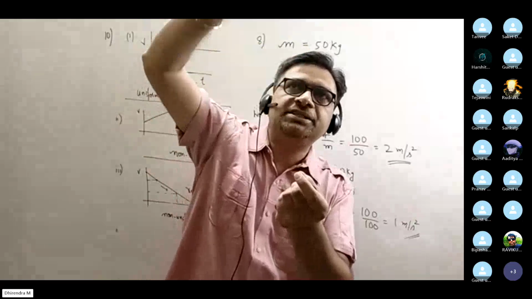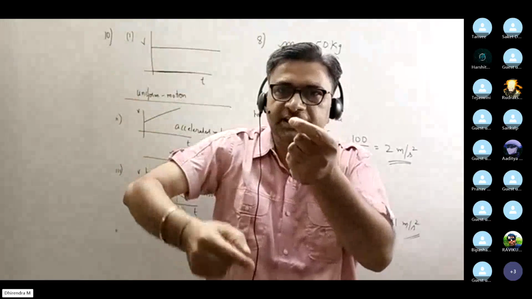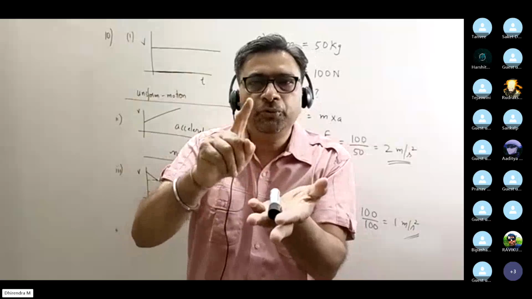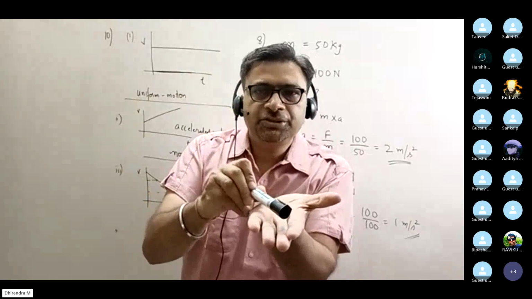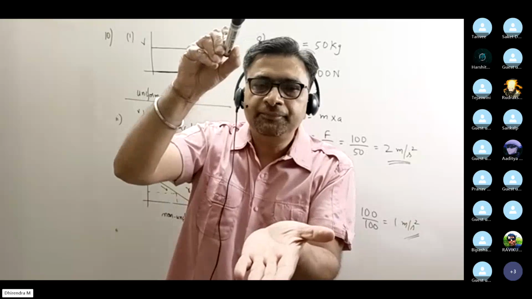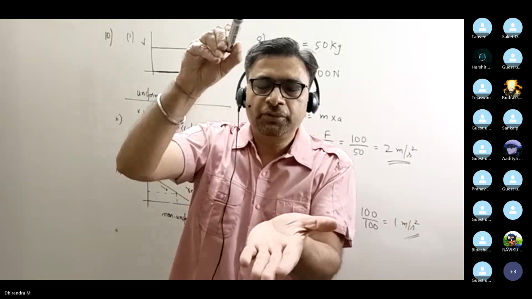So during this time, if we consider this direction as positive and this direction as negative, upward is positive, downward is negative, then don't you appreciate that the velocity of the ball is gradually decreasing? Yes.